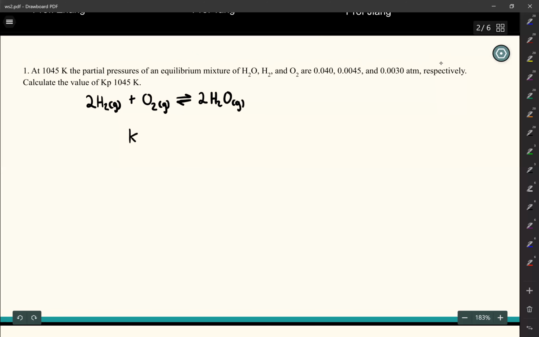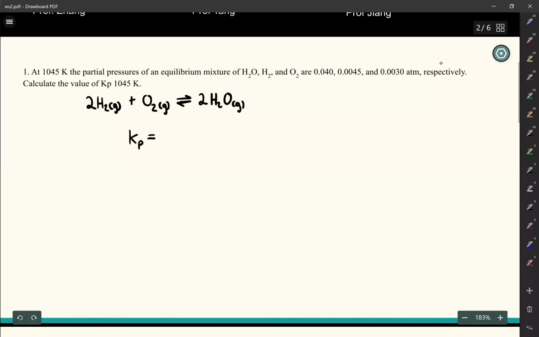So Kp equation is just like your K equilibrium constant, except it's based on pressures this time instead of concentration. So this would be partial pressure of the product.